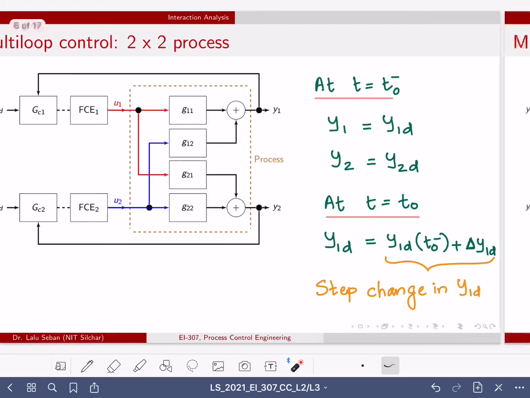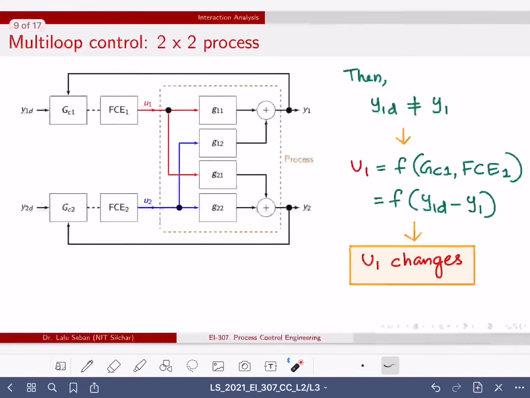Let us see. The controller will look for the difference between y1 desired and y1. So at time t equal to 0, there will be a difference. y1 desired will be higher than y1, so the controller will give an output to the final control element.